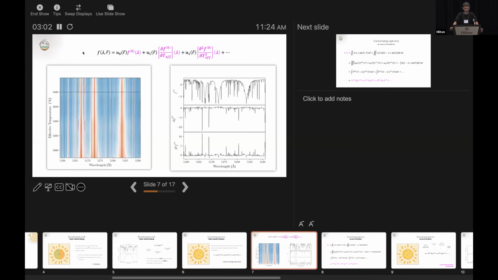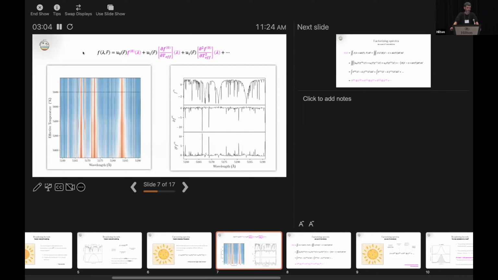So the first term is just the model for the quiet star. And the high order terms, if we talk about temperature fluctuations, would simply be the Taylor approximation for a given temperature. So you can see a map of interpolated Phoenix models. One axis is the temperature, another one is the wavelength.